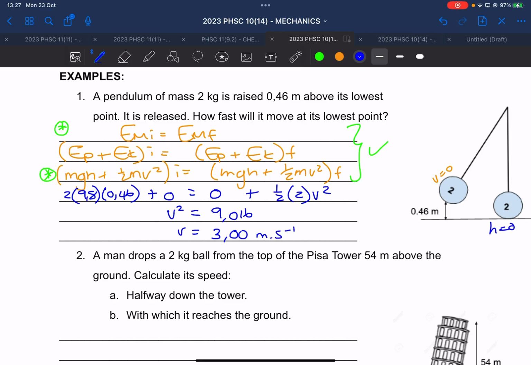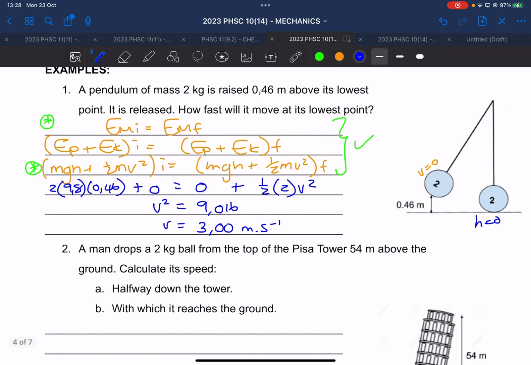Meters per second, and the direction. East or right, or in the direction of motion.